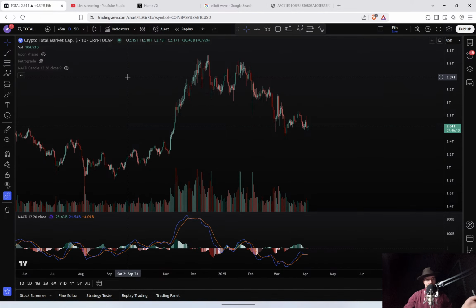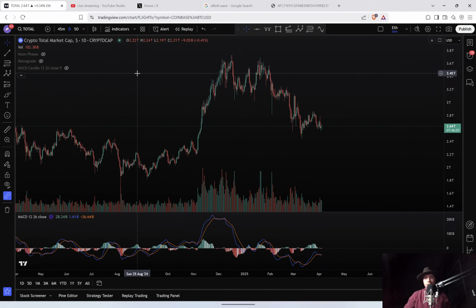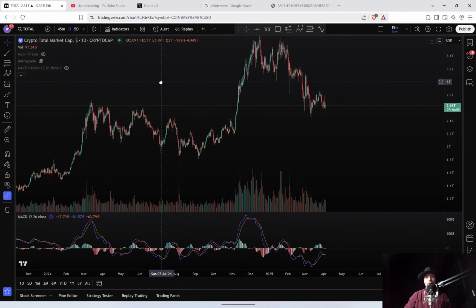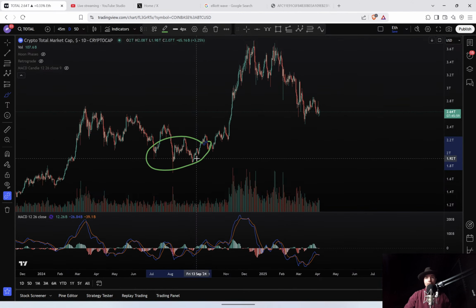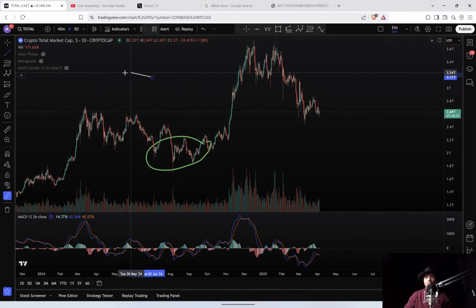In times like this, a lot of times people kind of give up on the market. You should have seen market sentiment right here during the summer correction last year, where everybody really started to give up on the market down here, and they started to sell their crypto.